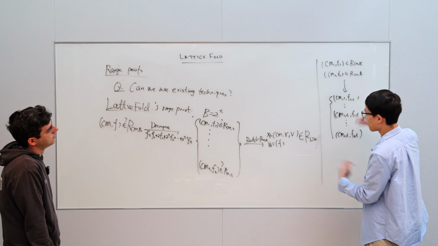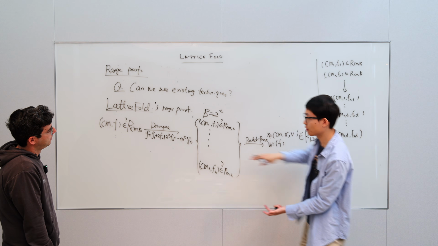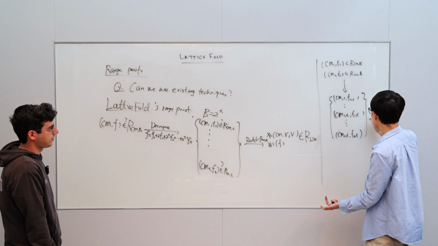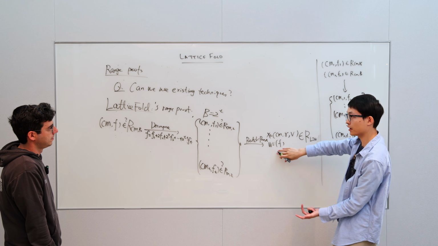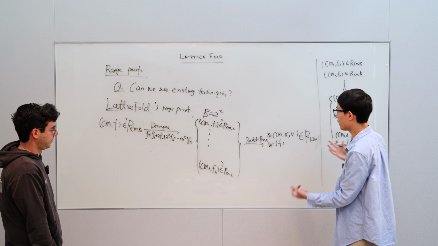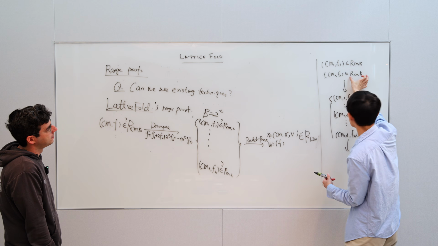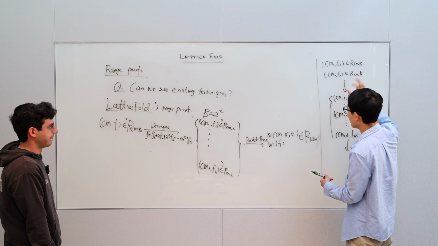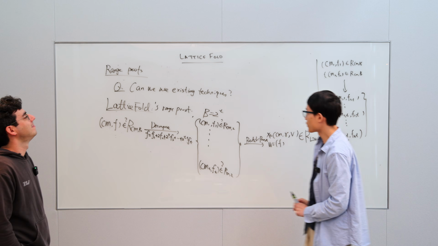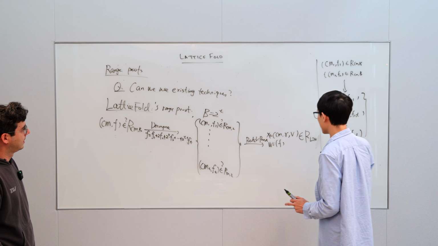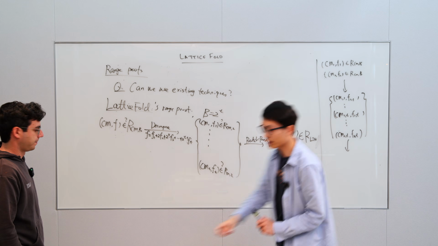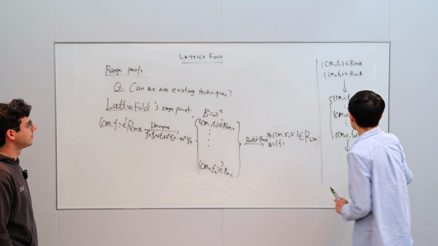Then there is no difference. It's just that here they have T statements, here I have 2T statements. You use the same trick to merge them back into a single statement in R-lin. And this gives us a way to do the folding. The only difference is that you have to make this R-lin as well, but that turns out to be fine. It's not that complicated. So now the rest of the question is how to come up with this batch proof protocol.